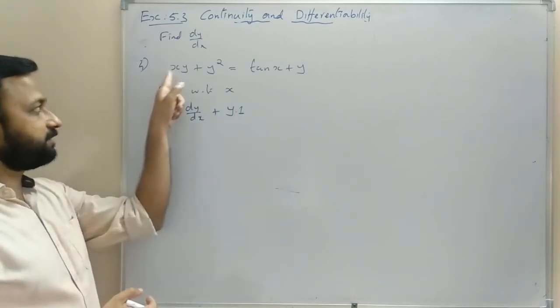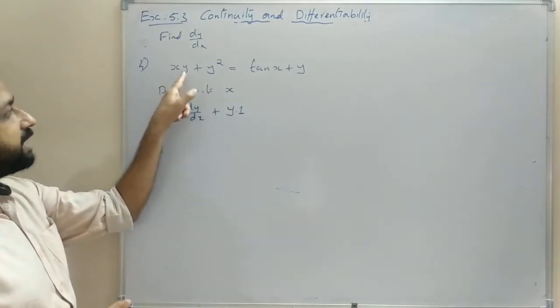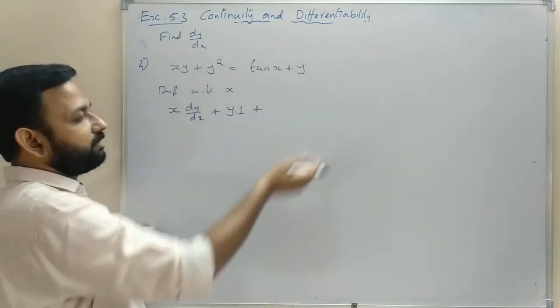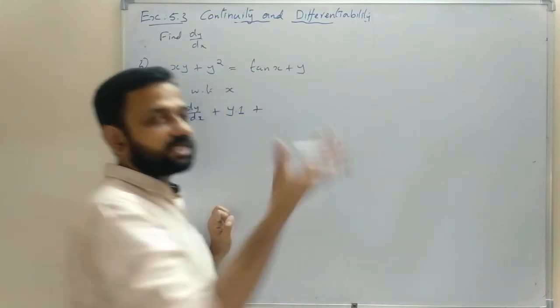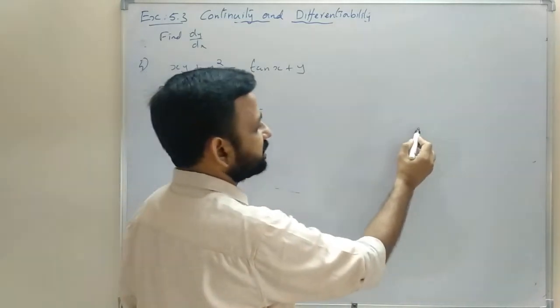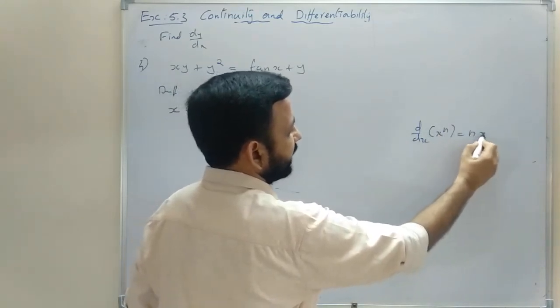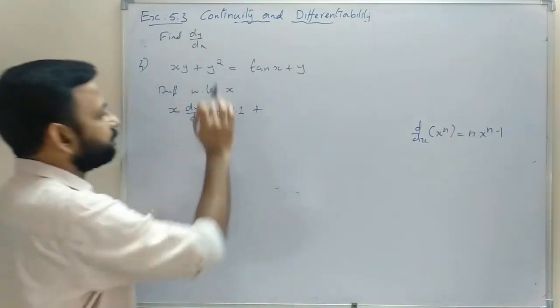Plus y square, derivative of y square. d by dx of x raised to n is equal to n x raised to n minus 1. So we can use that property.